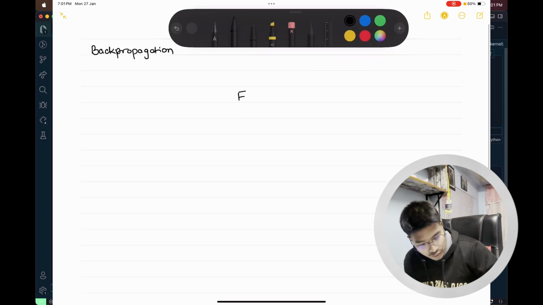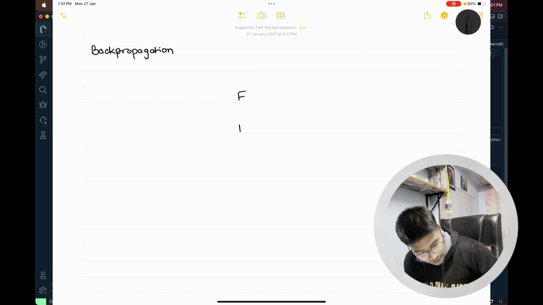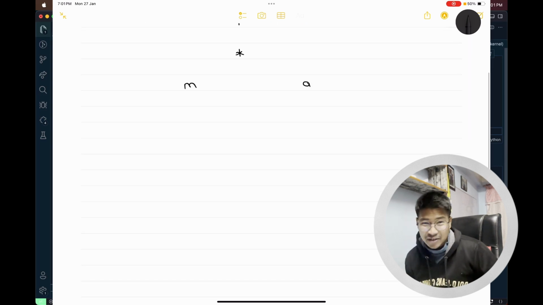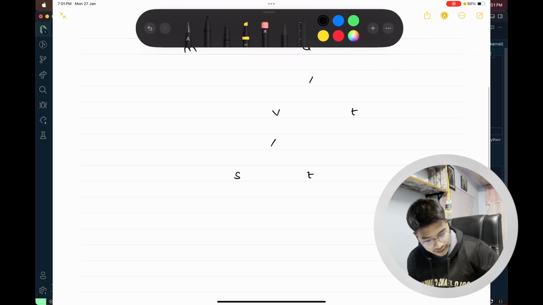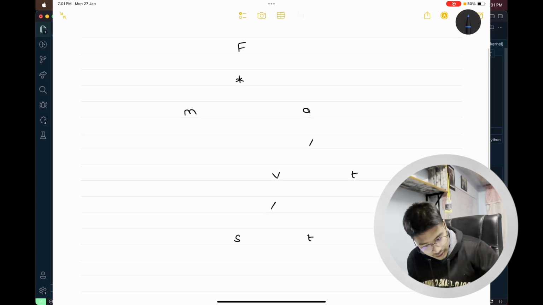So force, how do you obtain force? Force is a multiplication of mass and acceleration. Pretty simple. Acceleration is basically a division of the velocity by the time taken. Pretty simple. Velocity is again a division of distance over time. That's also very simple. So let me put it this way now.